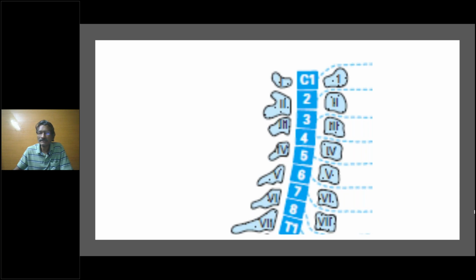So the question is, how are the vertebral body and the spinal cord segment related in the cervical region?